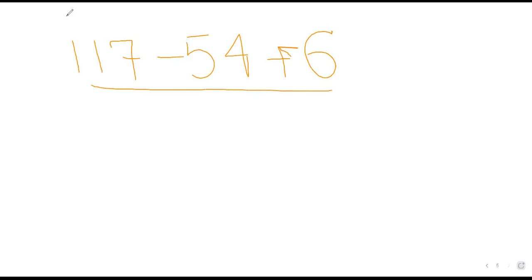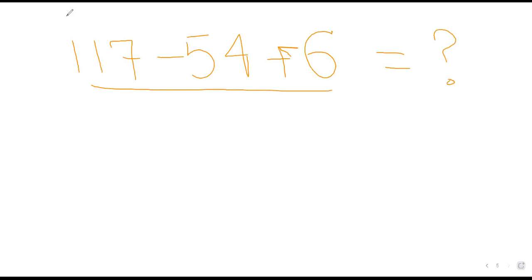What is the value of, now let's see, let me write this one: 117 minus 54 plus 6 plus 6. Round to the nearest 10. What is the value of this? Solve this. What is the answer of this?